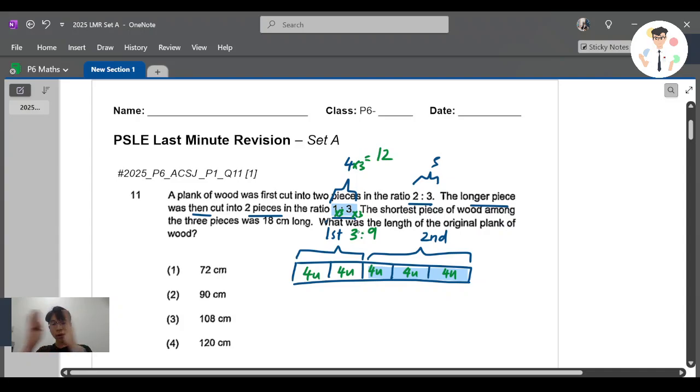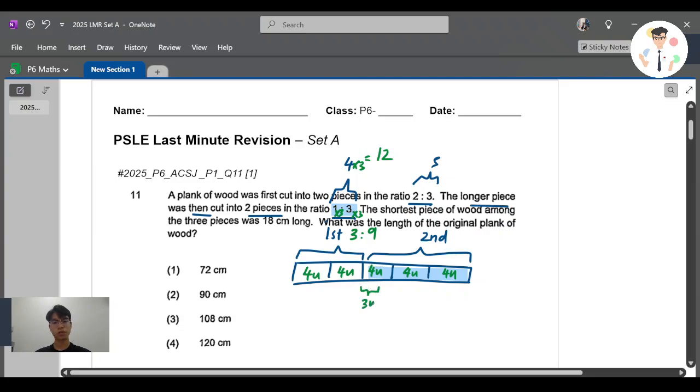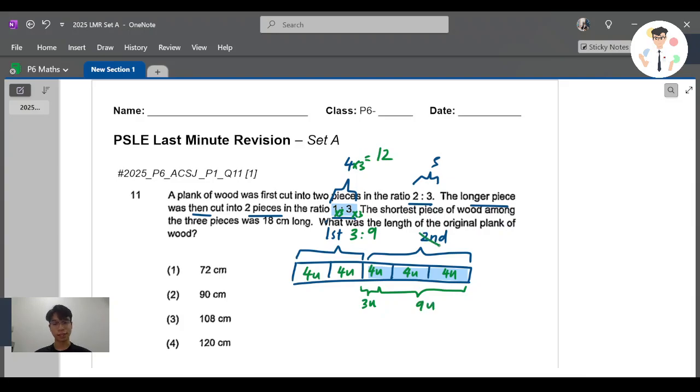That means on the longer piece, I need to cut one of 3 units and another of 9 units. So this is the 3 units, this is the 9 units, and this is no longer the second piece; maybe this will be the second piece, this will be the third piece. Among all of these, I know that this second one is the shortest.